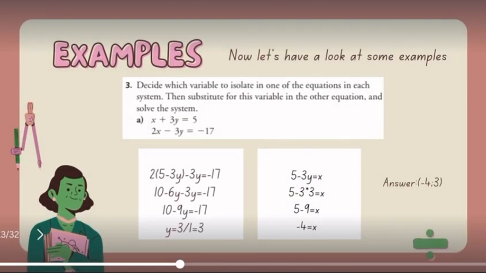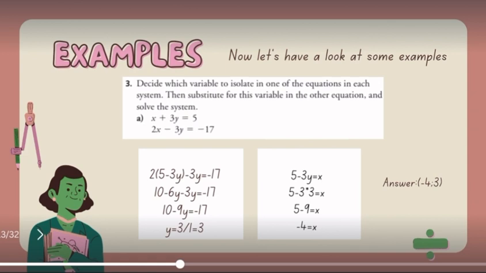Now, after we find the value 3, we substitute it for the y in the second equation, and that's how we find our x, which is equal to minus 4. And the answer is minus 4 for x and 3 for y. We can also check that from our graph. If you want to do it, you can check it.